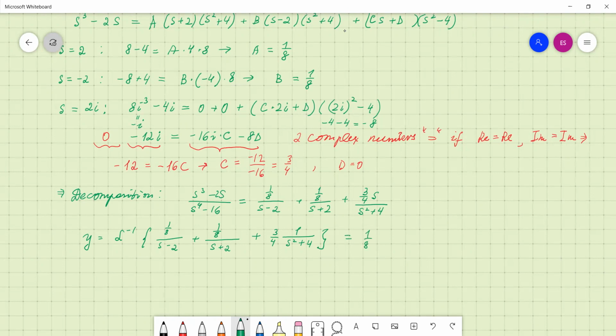The inverse Laplace transform of this is an exponential function, so it's e to the power of 2t. According to formulas in a table or from the lecture, this one is going to be another 1 over 8 e to the power of negative 2t. Why negative? Because it's plus 2. The formula has s minus a, and then it's e to the power of at. So if it's plus, we are going to have minus.